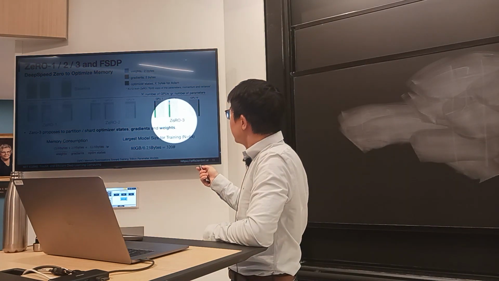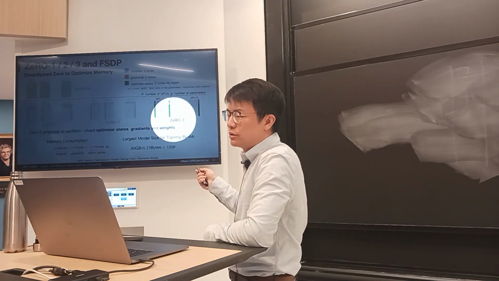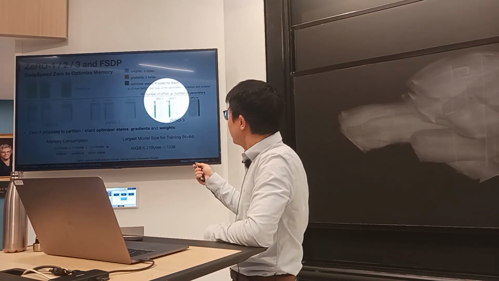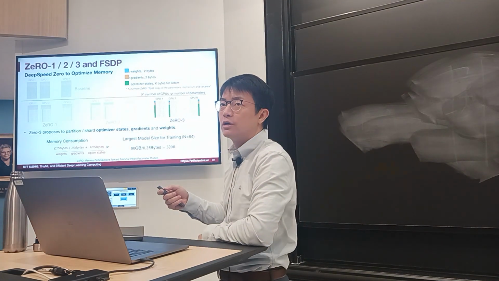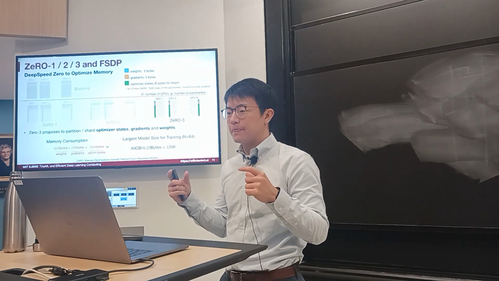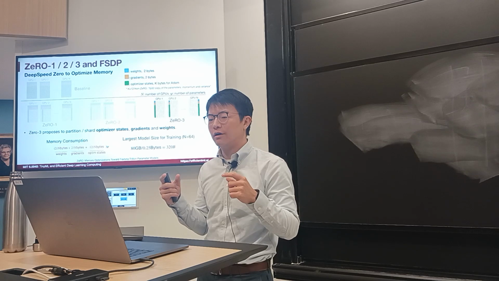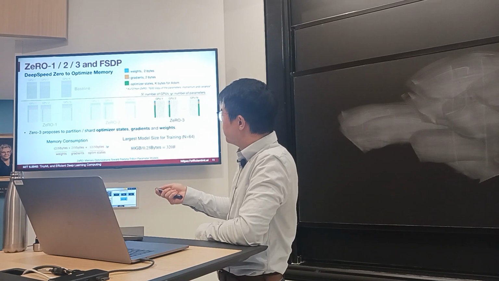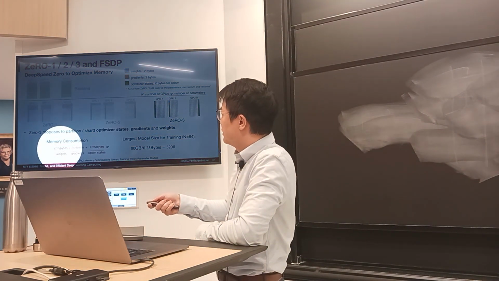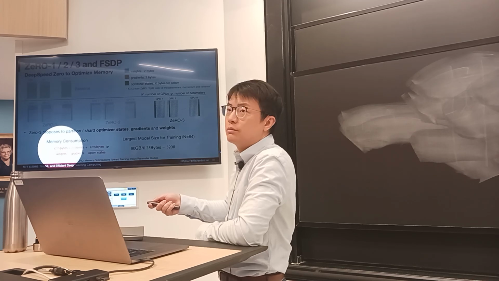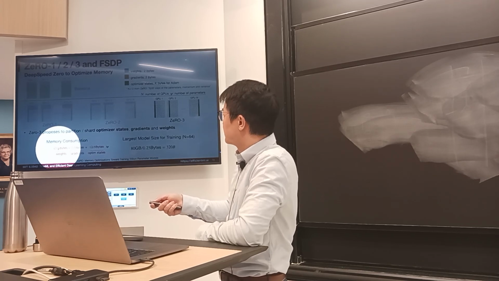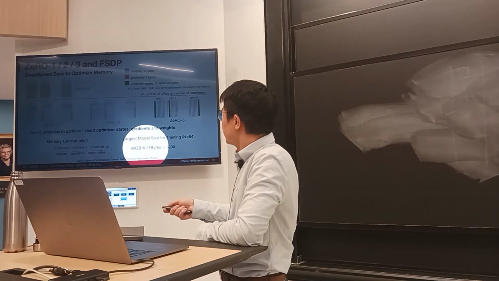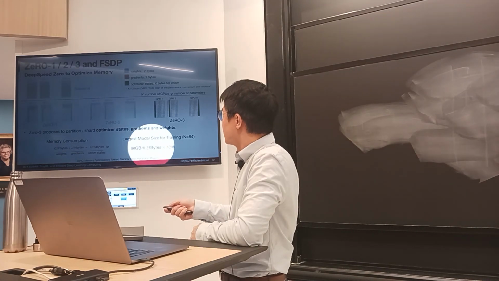ZeRO has an even more aggressive approach, sharding not only the optimizer state and the gradient, but also the weight. Okay? So each server no longer has the whole copy, the entire copy of the weight. It only has 1 over n of the weight. So the weight is also sharded, split, partitioned across n GPUs. So the total number of bytes per parameter becomes 0.25 bytes.